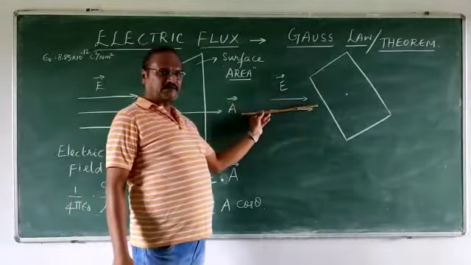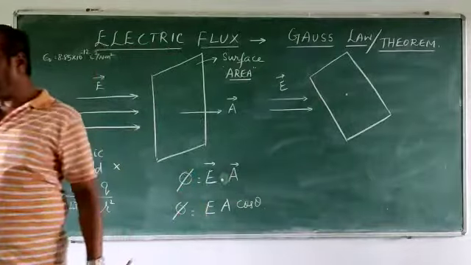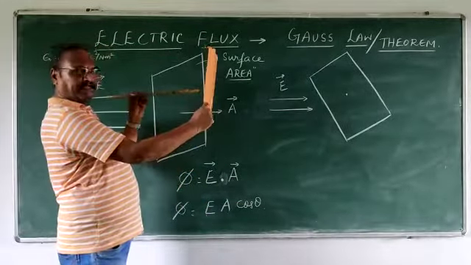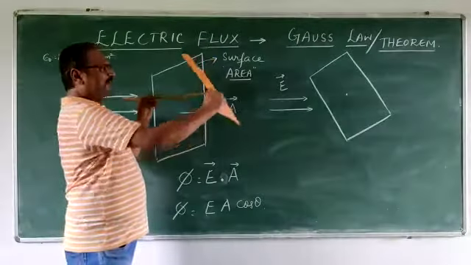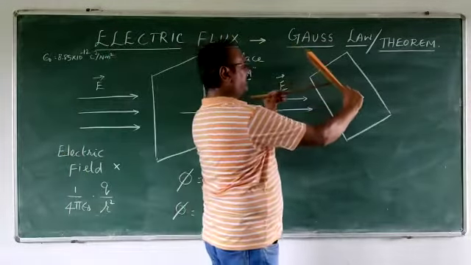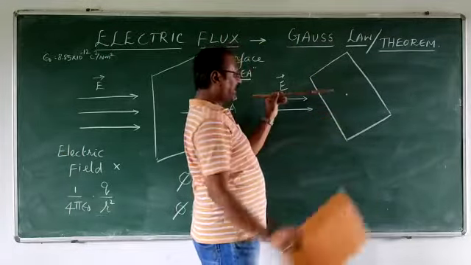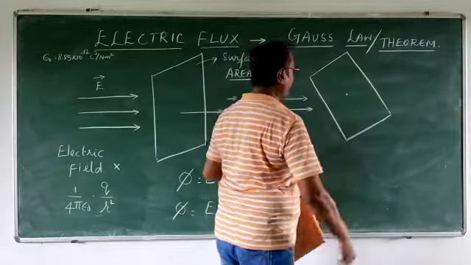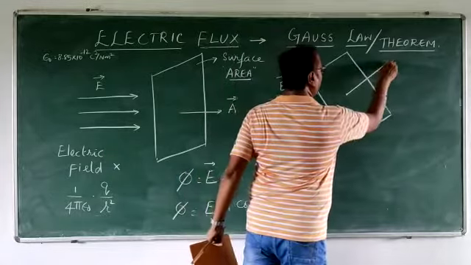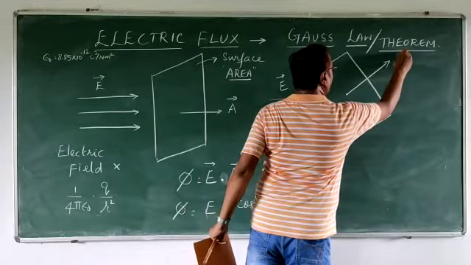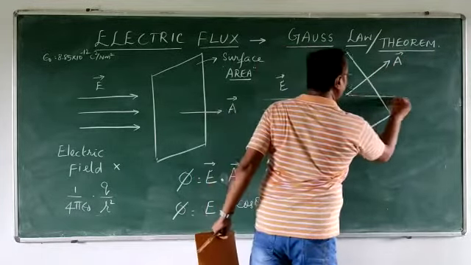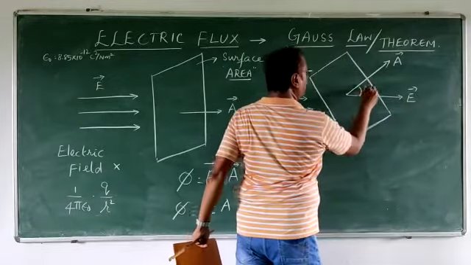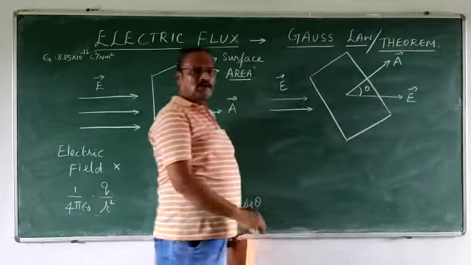Fine, that's good. But if I place the surface, instead of normal, perpendicular, I place it at an angle like this. Fine. Now electric field is like this and the surface is like this and the surface vector which is going to be normal. So this is the area vector and this is the electric field and the angle between these two is theta. Okay.